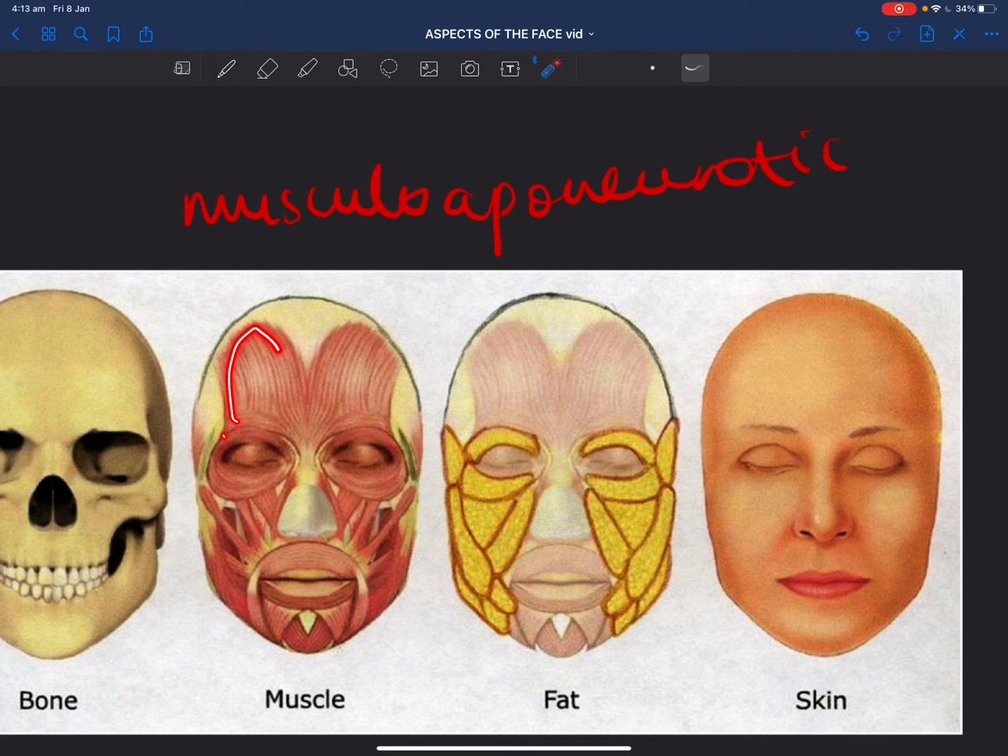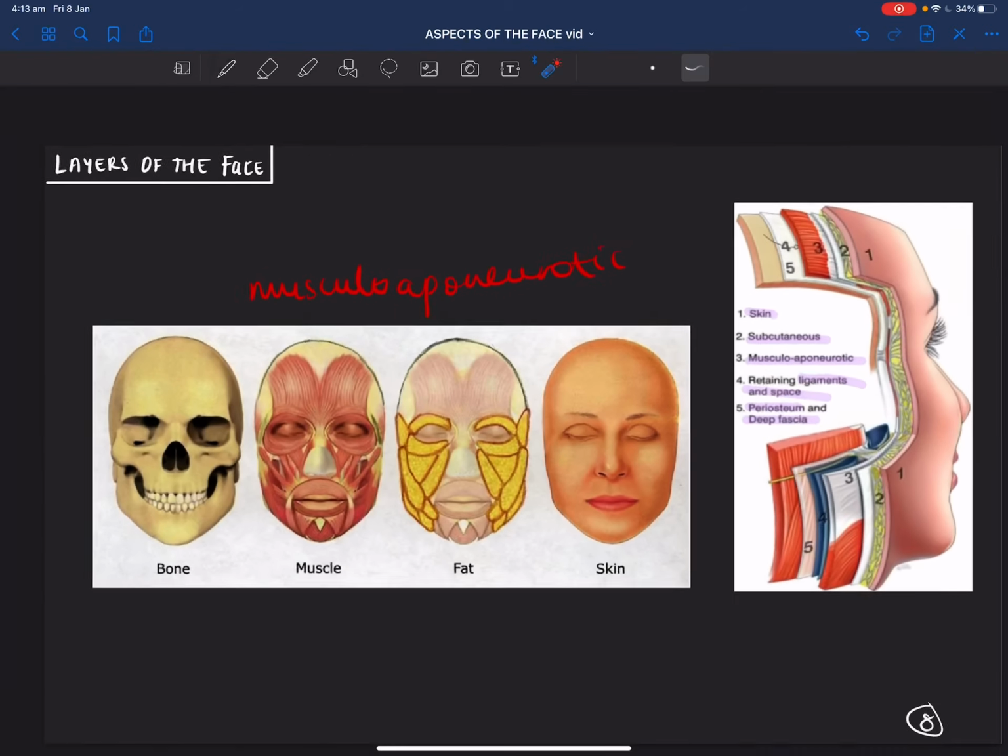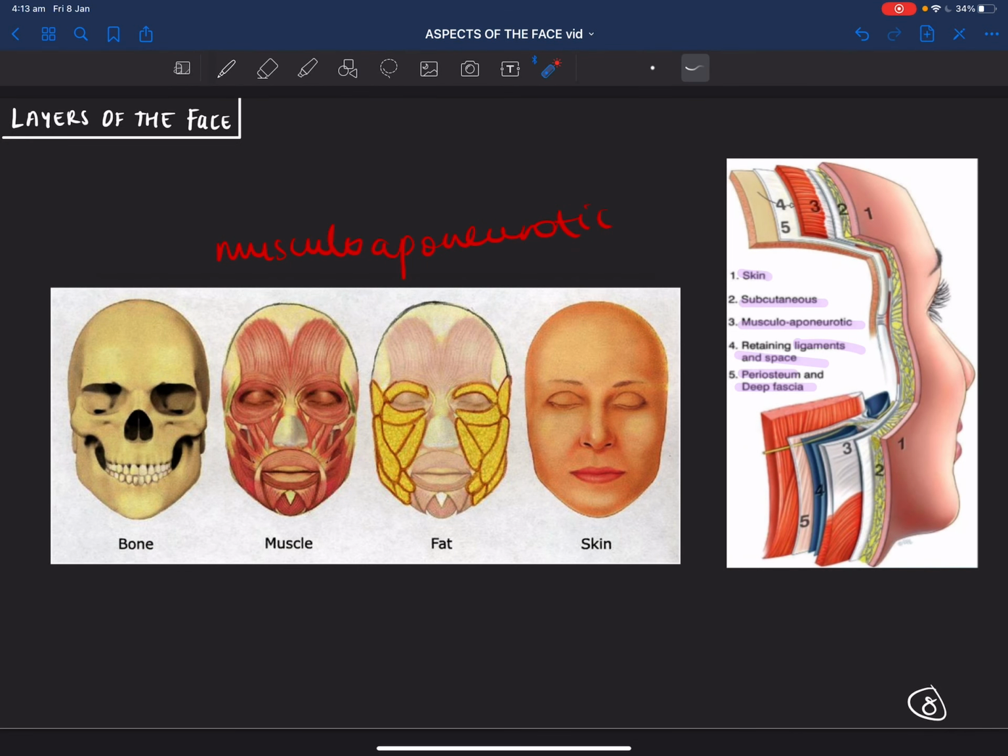Say we have a muscle here, this is the beginning of the frontalis muscle, it can connect directly to the occipitalis muscle via this aponeurotic layer here. And the muscular aponeurotic system is a collection of fibrous muscular tissue aponeurosis, and it doesn't have any direct bone insertions.